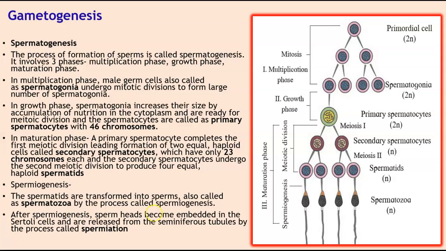The length of the spermatids increases, the centrioles are rearranged as proximal and distal centrioles, mitochondria become spirally coiled, and the acrosome is formed from the Golgi complex. After the sperms are formed, they are released from the seminiferous tubules.